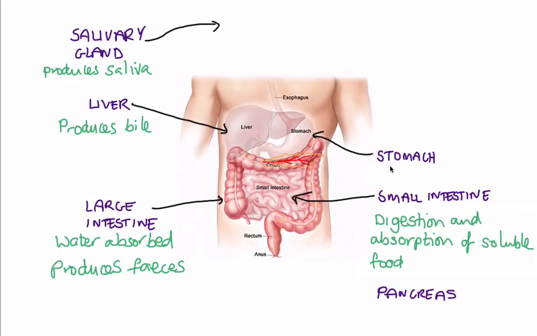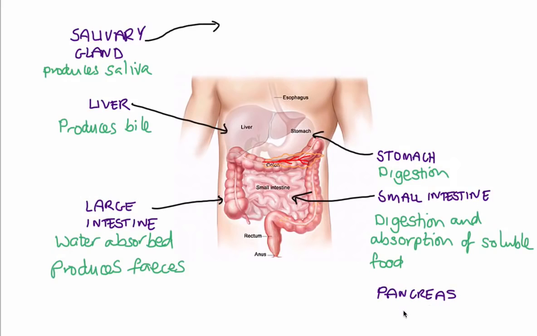And the stomach, as part of digestion, mixes the food as it gets into your body, mixes it with acid, mixes it with protein-digesting enzymes, and is one of the first ports of call in terms of digestion.